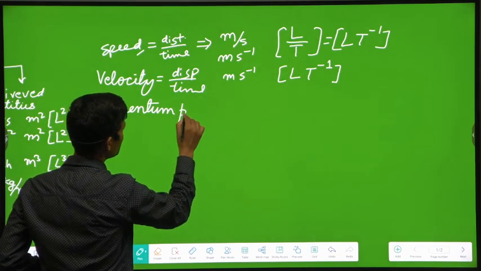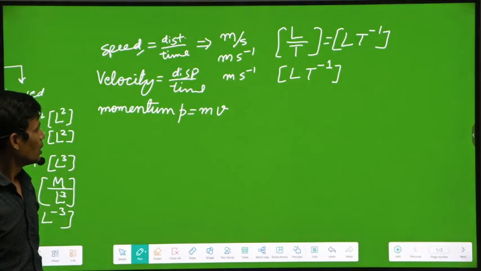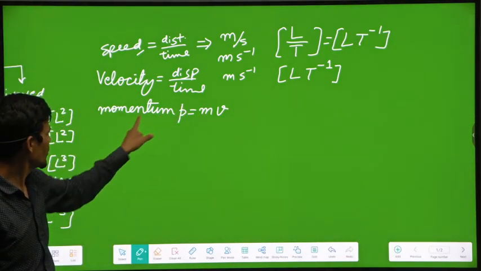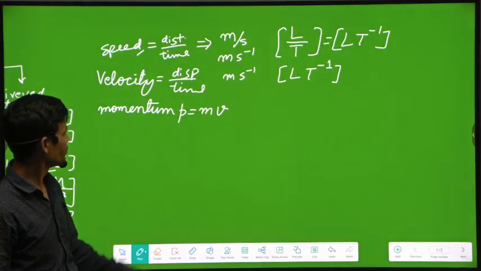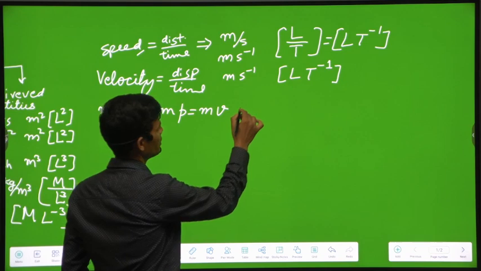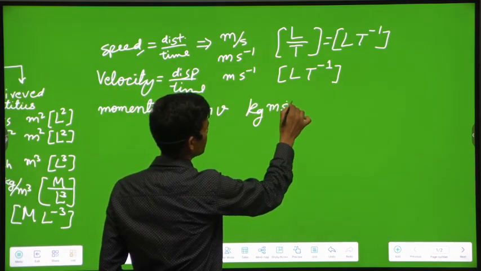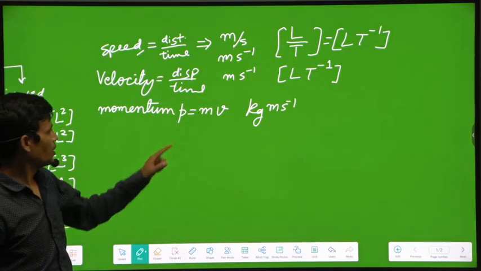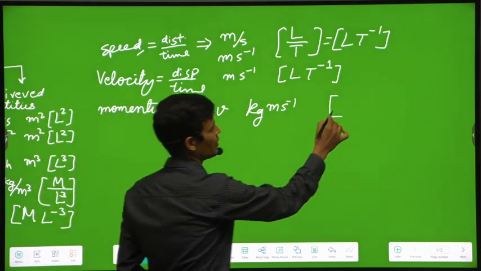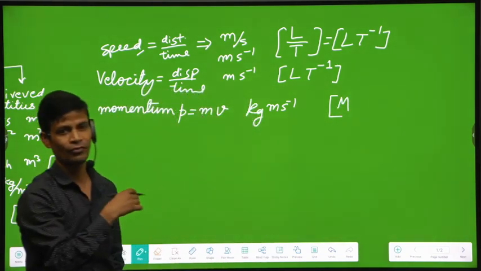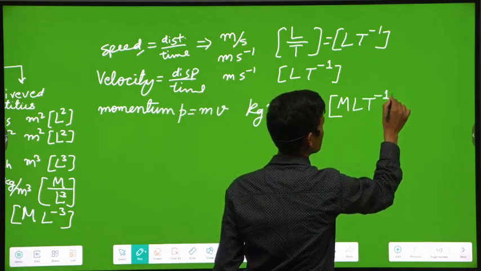Okay, next, there is momentum. Its symbol is P, so P equal to mv. P is the symbol for momentum. Mass into velocity. So mass, SI unit is kg, velocity meter per second. And its dimension, so dimension of mass is capital M, and dimension of v, velocity, is LT minus 1.